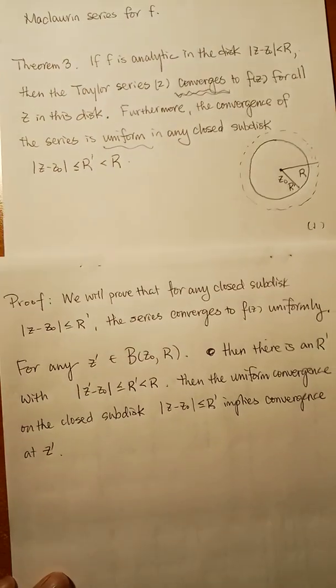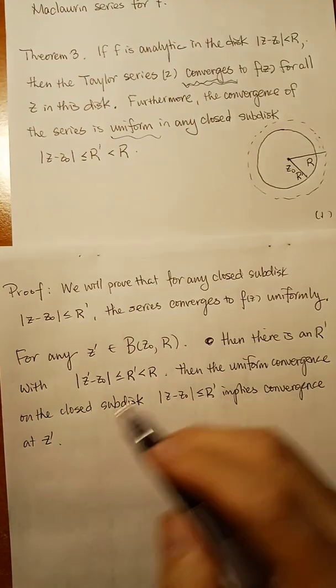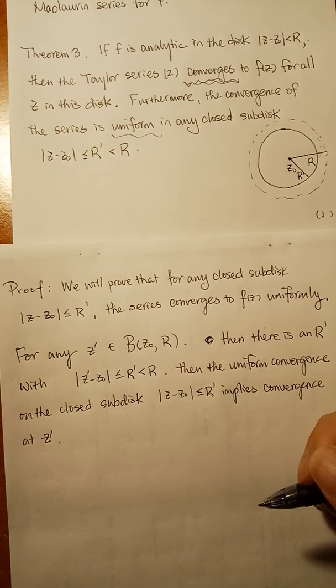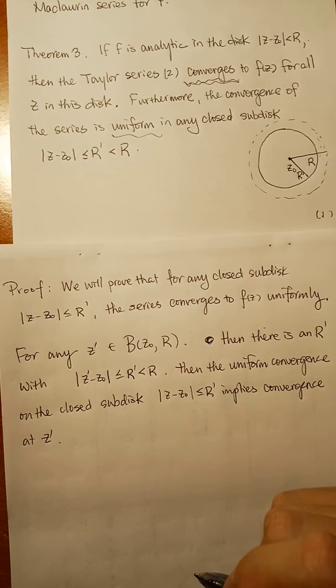Okay, so that's the reason we only show the uniform convergence for every subdisk centered at this z0.